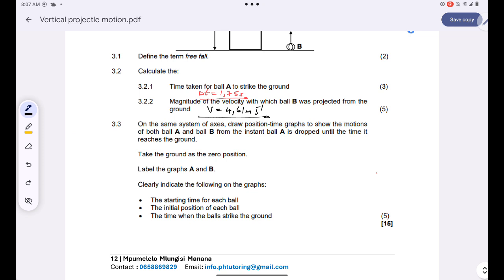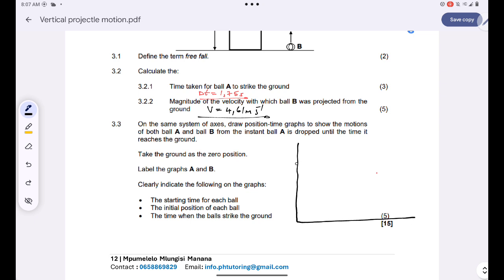Okay. On the same system of axes, draw position-time graphs to show the motion of both balls A and B. We must take the ground as the reference point.